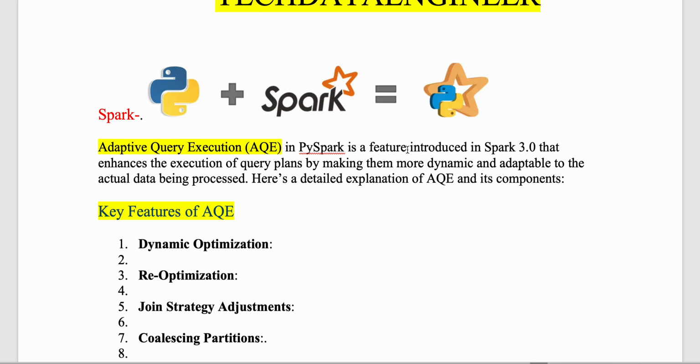So at the initial level we find the data set is larger, but at runtime we find that this data set is smaller, then it changes the execution plan and re-optimizes the strategy. That was a feature of adaptive query execution.